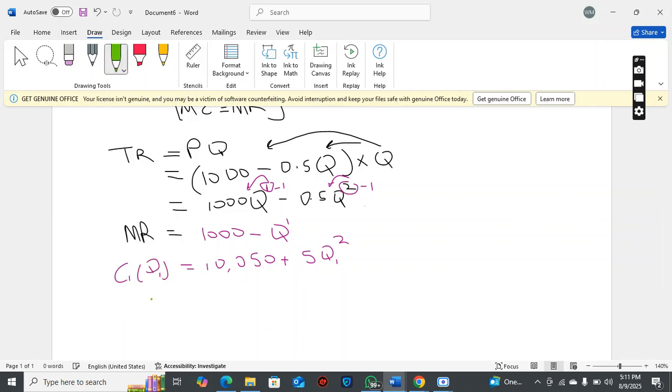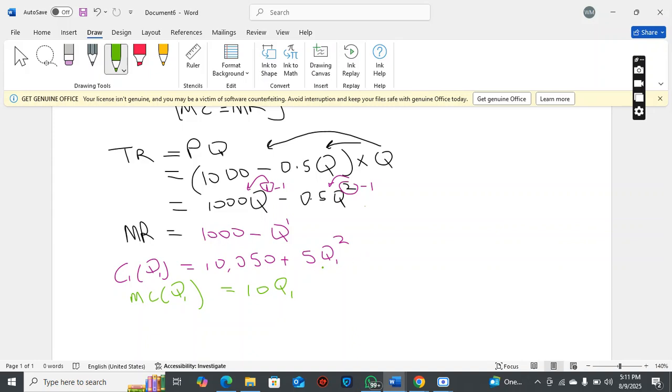So colleagues, if we differentiate this one, what do we get? 10Q, yes, 10Q1. Any number without a letter disappears, so this 10,050 goes. So here we have 10Q1.